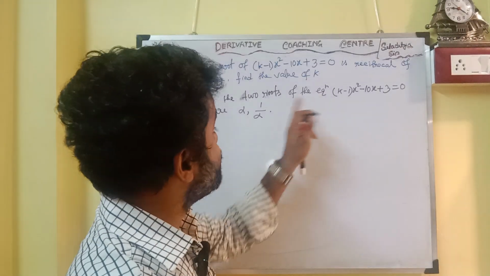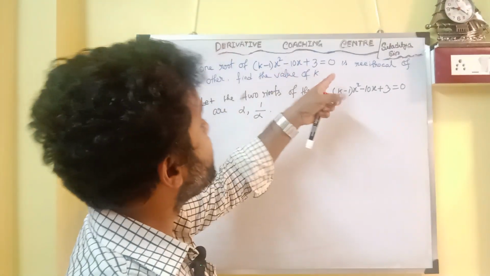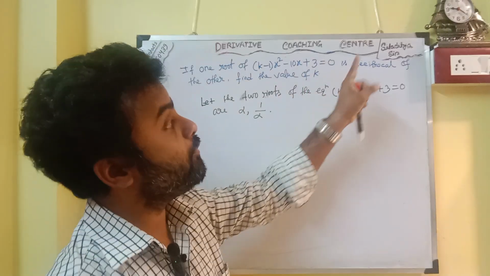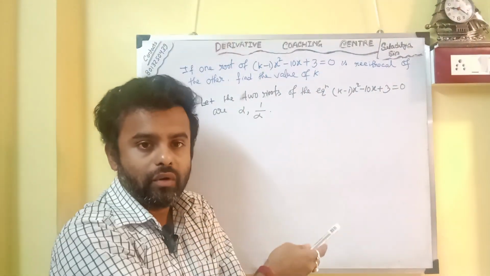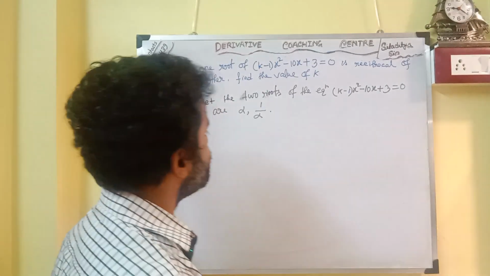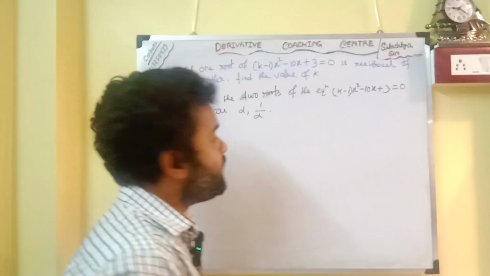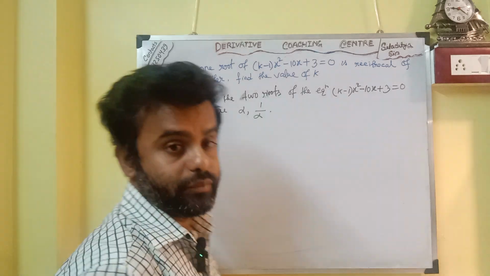The two roots of the equation are alpha and 1 by alpha, because it is already given that one root is the reciprocal of the other. So if one is alpha, the other will be the reciprocal, 1 by alpha. Now find the product of the roots.